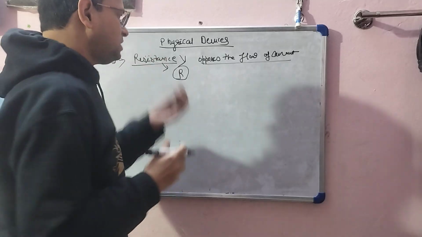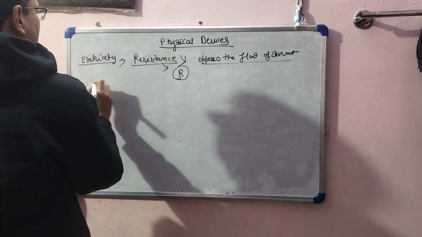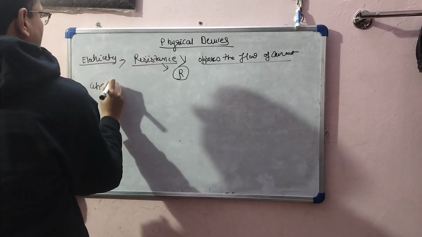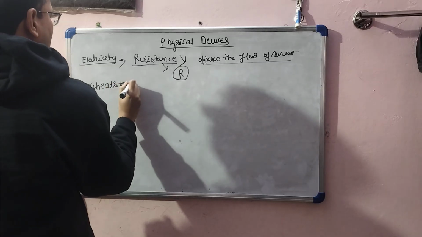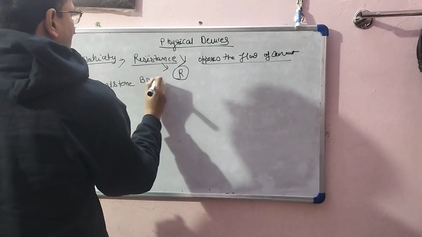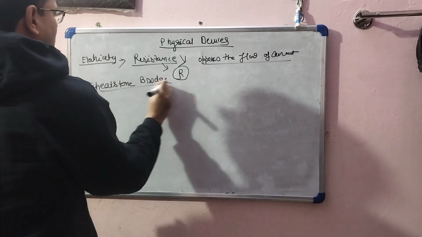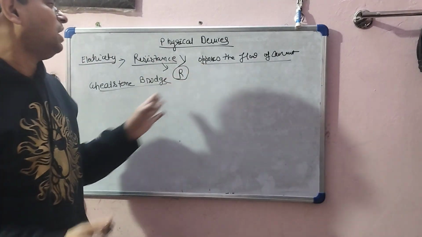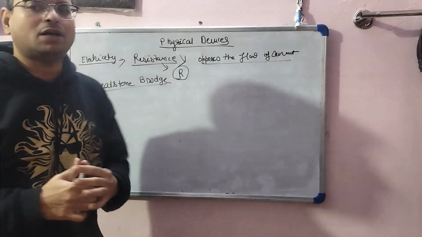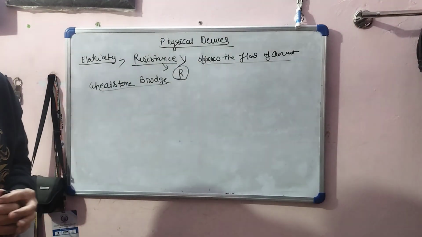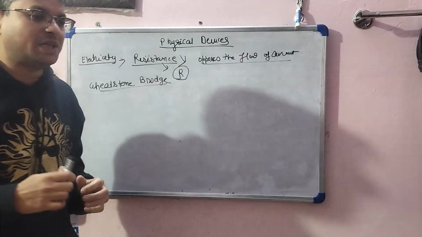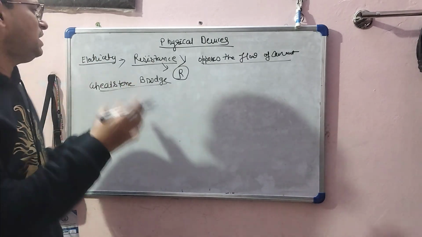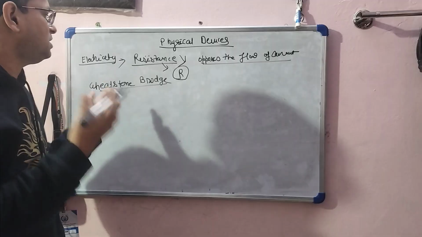So we will discuss the topic of Wheatstone Bridge. What is the topic of Wheatstone Bridge? This is the concept of how the resistance is flowing in the circuit as a balance condition. What is the bridge?